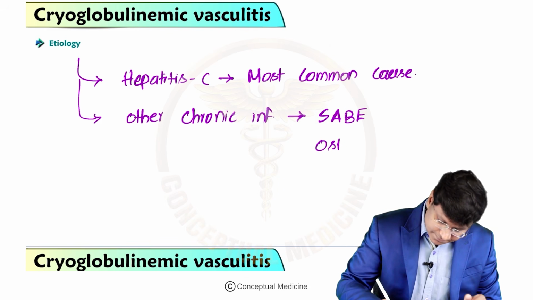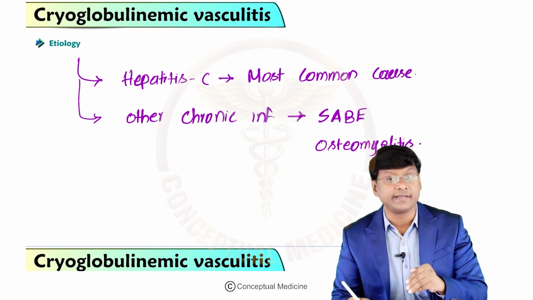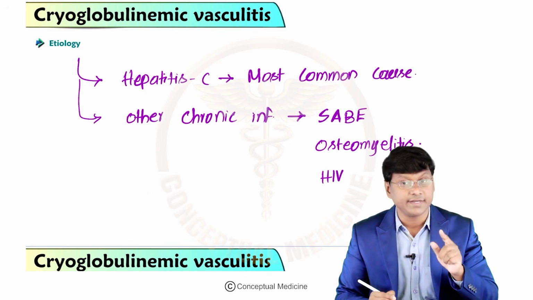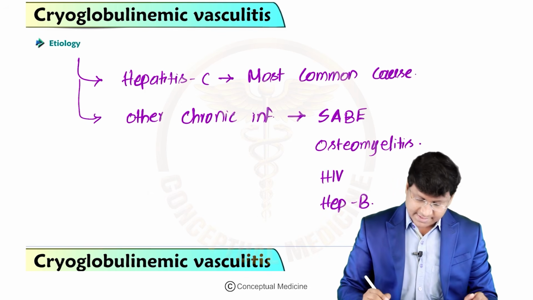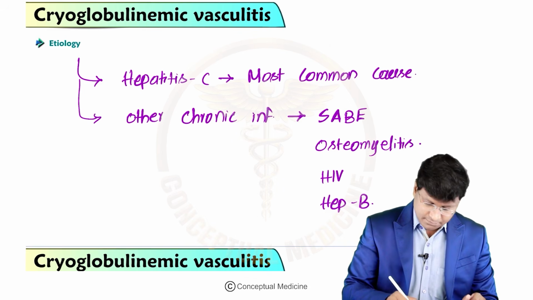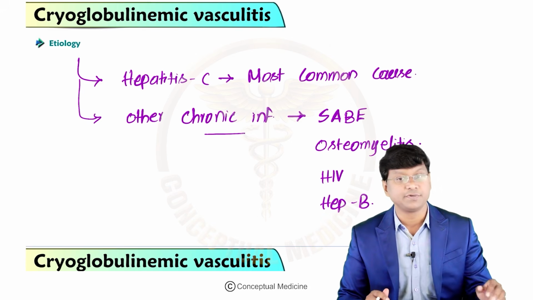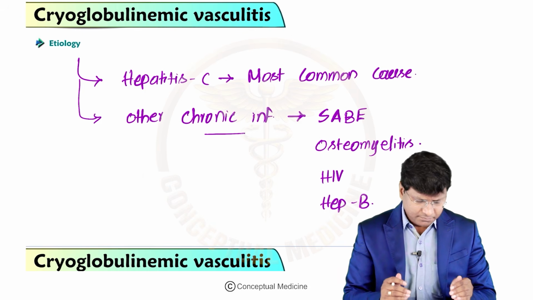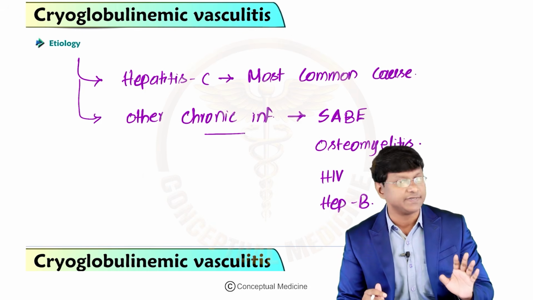It can also occur secondary to osteomyelitis, HIV, and hepatitis B. So these are the other chronic infections which are responsible for the development of cryoglobulinemic vasculitis. It can also be associated with connective tissue diseases and with lymphoproliferative diseases.